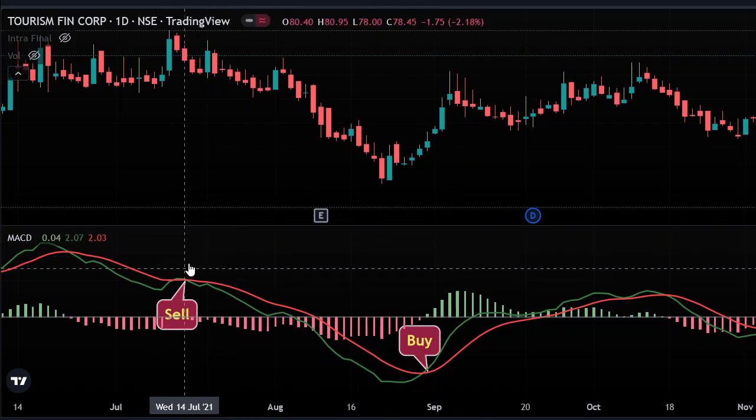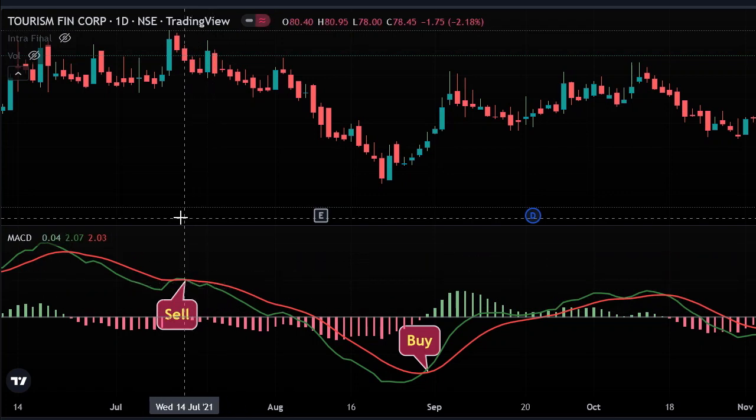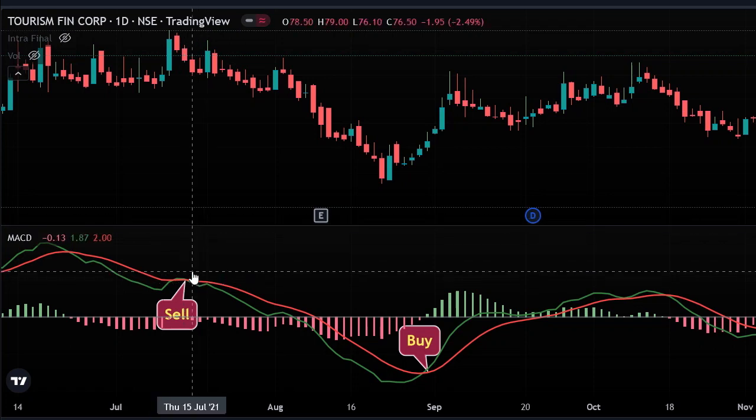If the crossover of a sell signal happens above the zero line, it may or may not give a big down movement, because we expect that the market is strongly bullish if both lines are above the zero line.